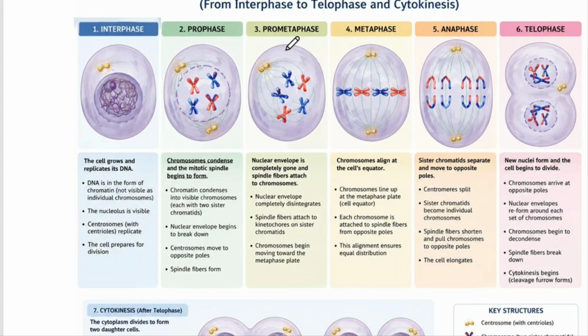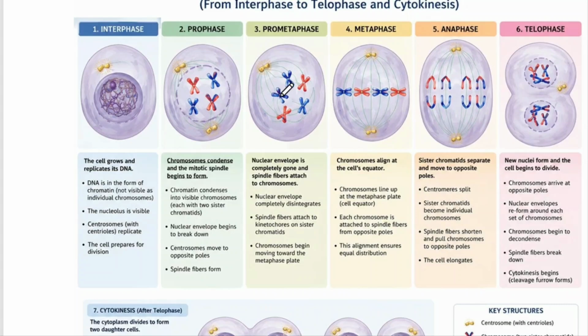Next is prometaphase. During prometaphase, the nuclear envelope completely breaks down, it completely disappears, and here is a spindle fiber attached to the kinetochore. The kinetochore is located at the centromere of each chromosome.